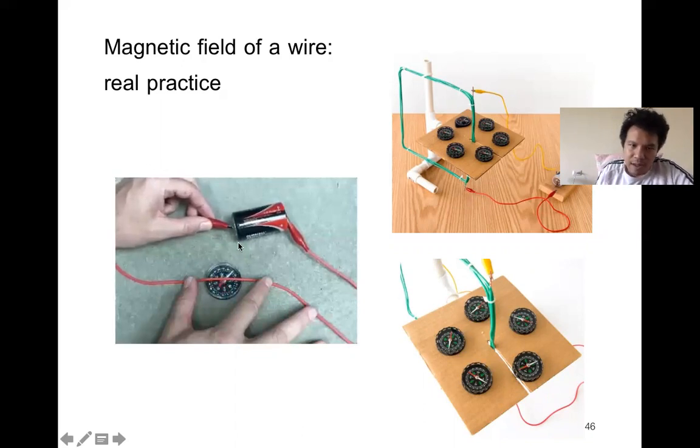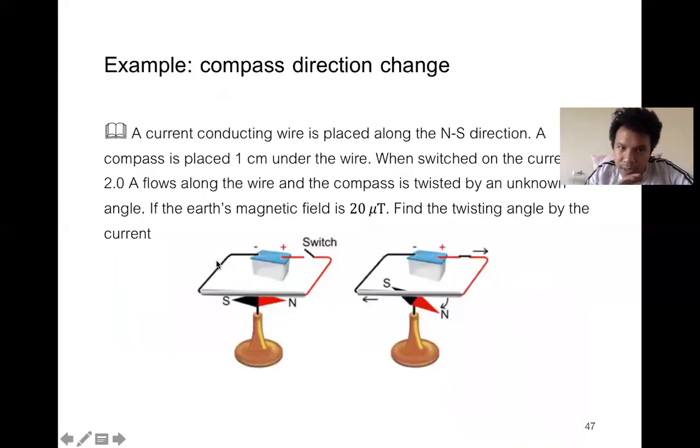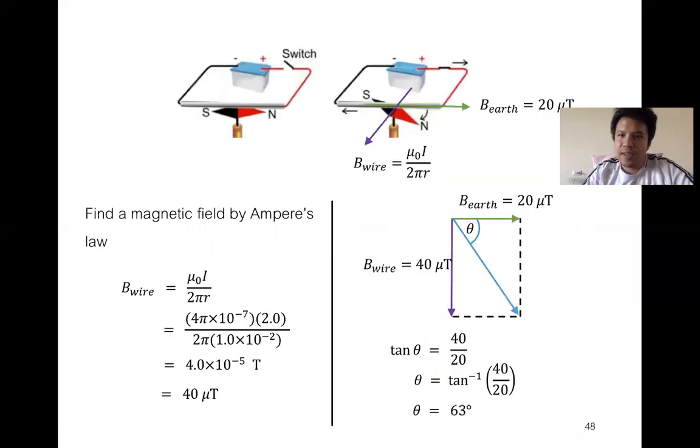When we don't give the current, the compass points to the north direction, but when we give the current and there's a magnetic field around the wire, we see the change. And in the same case, we try to calculate the angle by which the compass will twist.